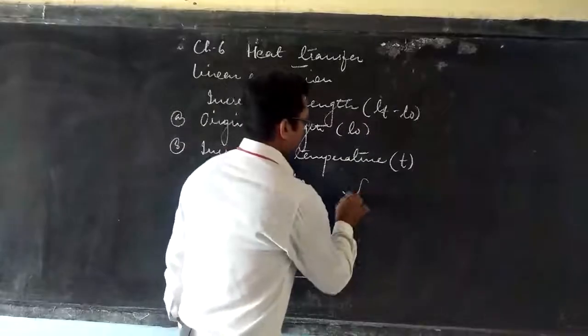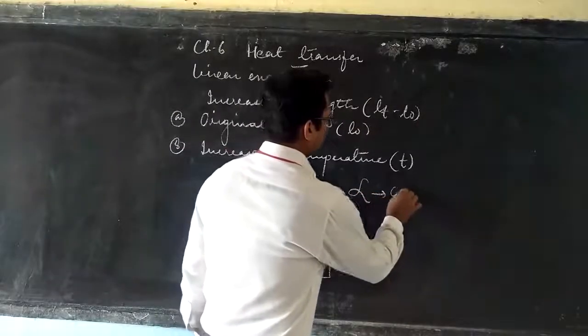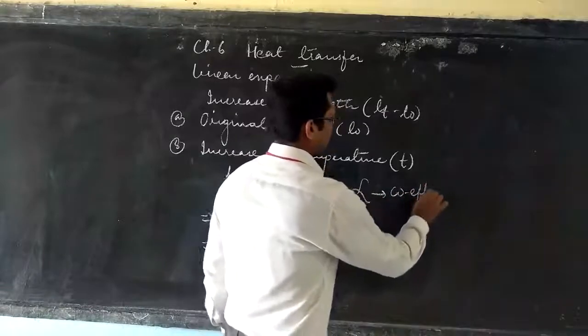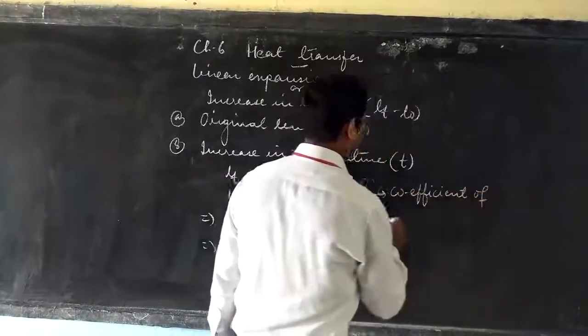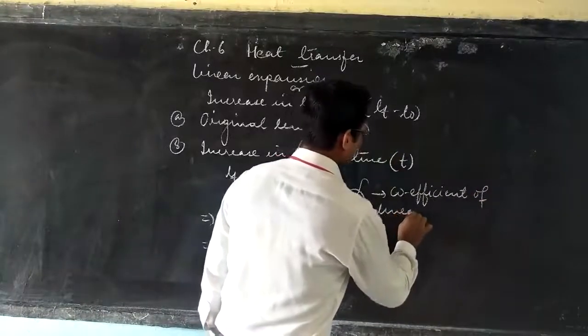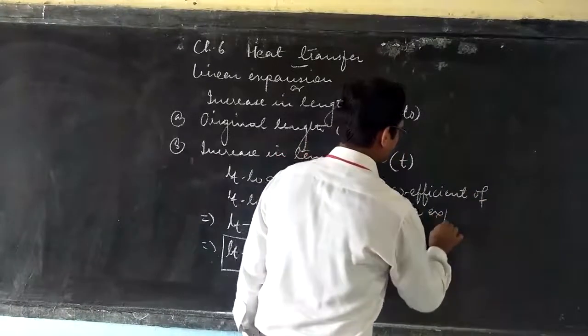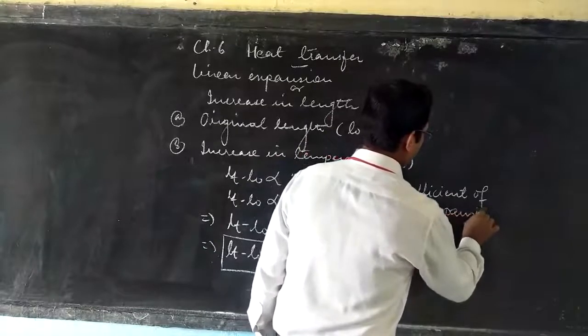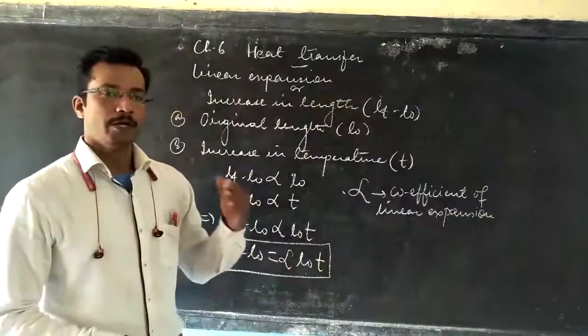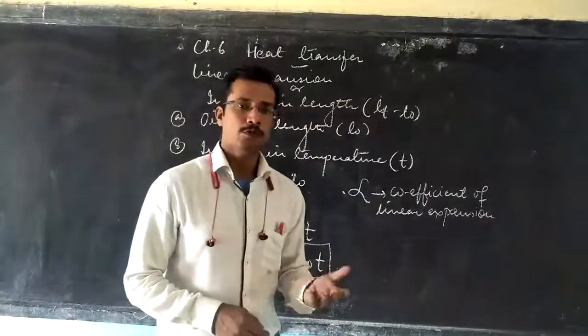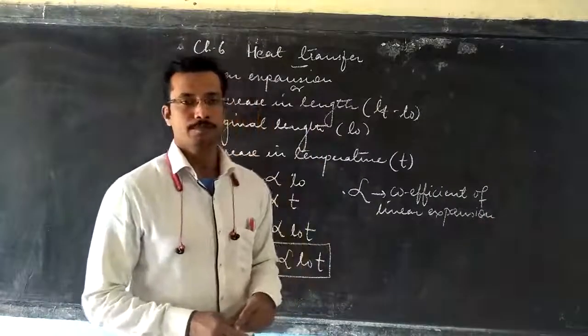Now this alpha is called the coefficient of linear expansion. Which also means the least expansion when a metal rod is heated to 1 degree Celsius.